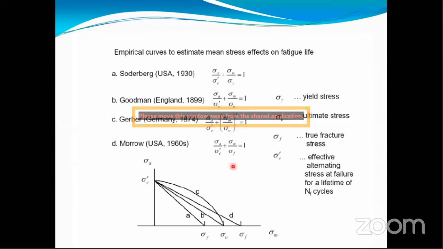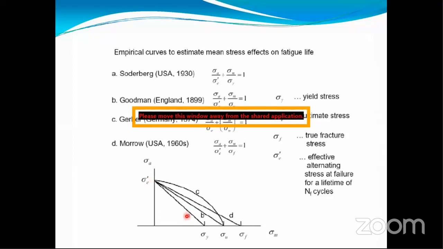These curves denote how conservative we are while predicting the fatigue life. The Soderberg criterion, this slanted line, is the most conservative approach.